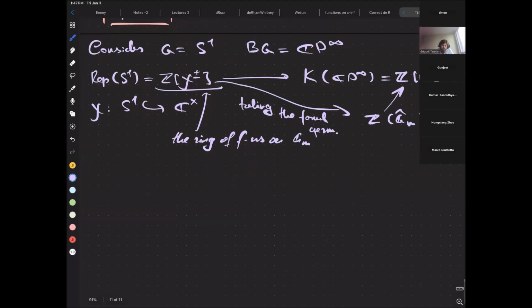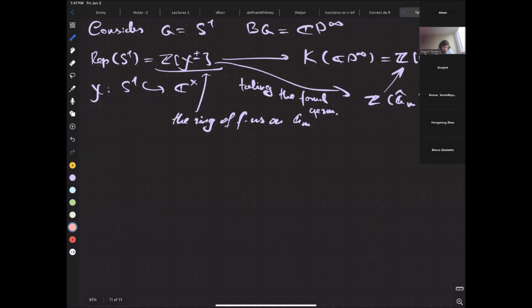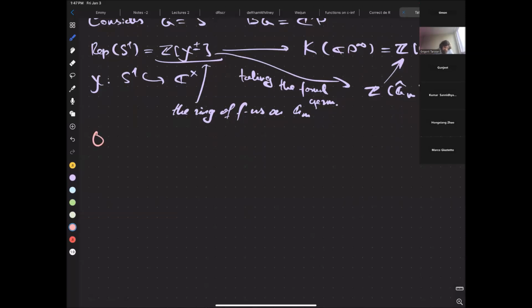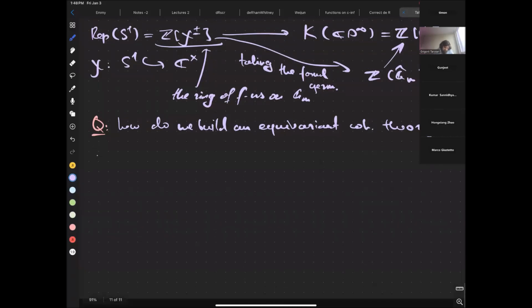So now, inspired by this, we can rephrase the previous question as follows. The question, how do we build an equivariant cohomology theory, becomes: how do we integrate a formal group?